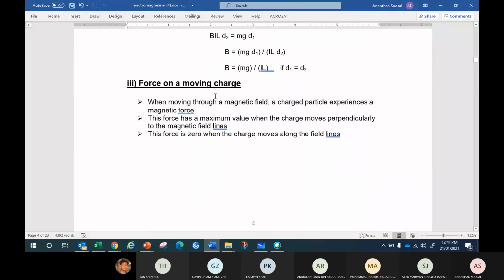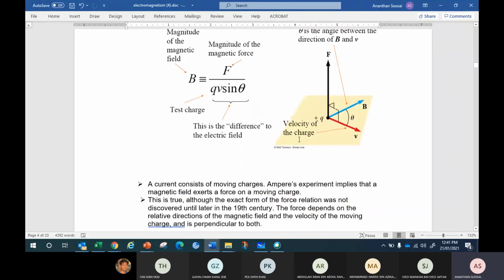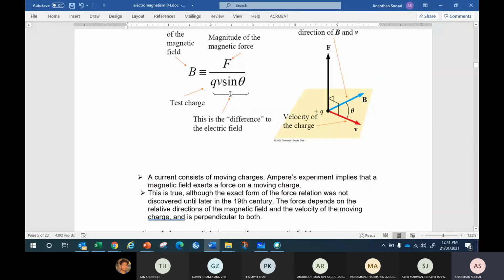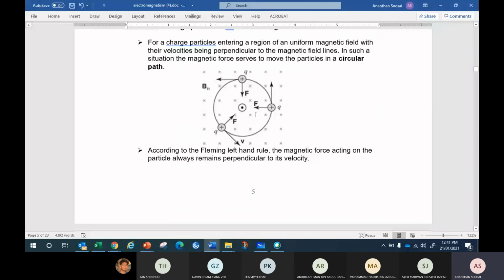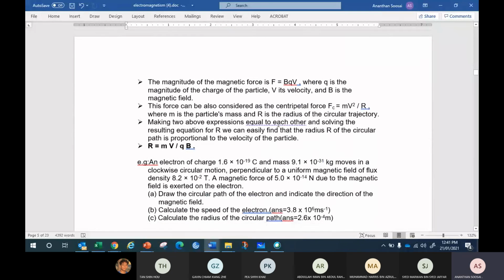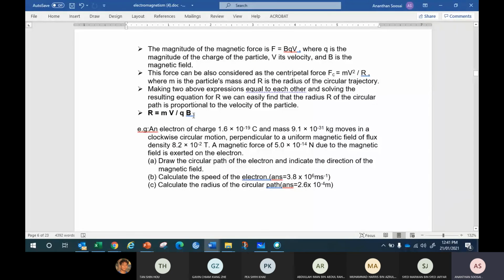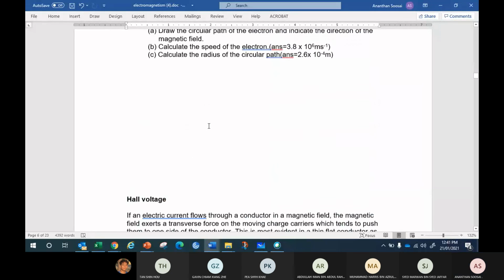Then we talked about force on a moving charge, F equals BQV, and found that the charge moves in a circular path. The reason you have to know: the force is always perpendicular to the direction of motion, therefore it's a circular path. Then the R formula, a very important development for nuclear science to investigate the properties of particles.